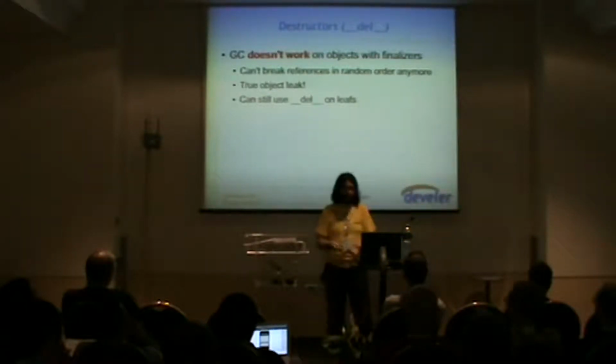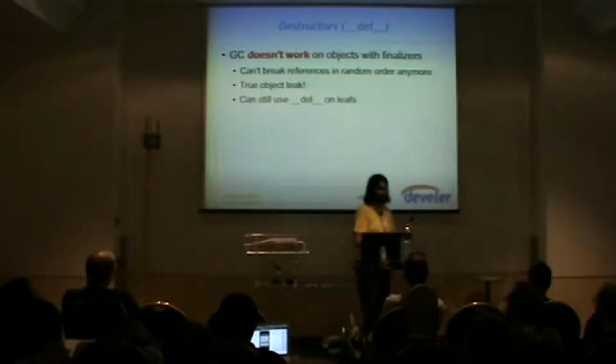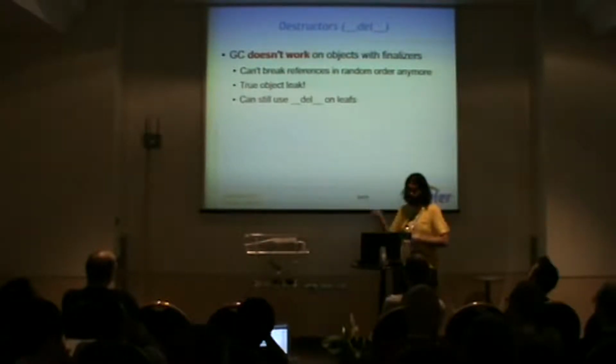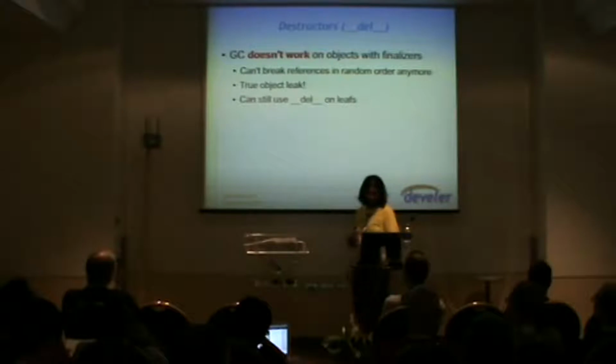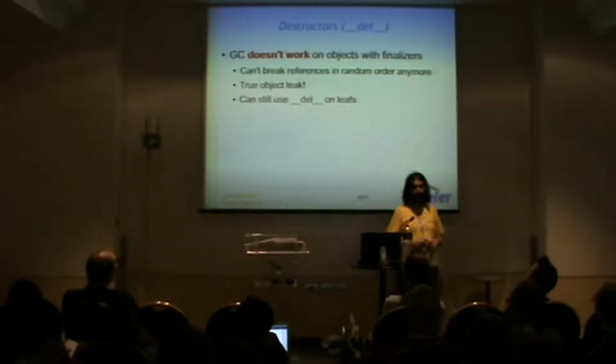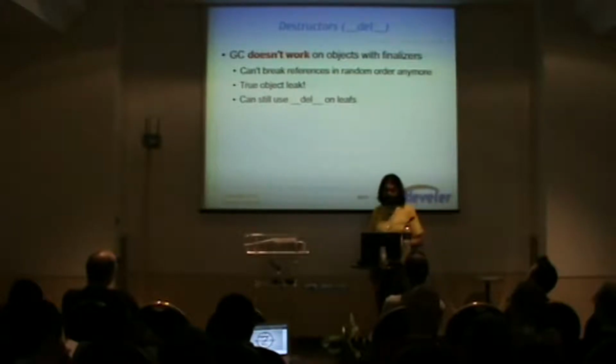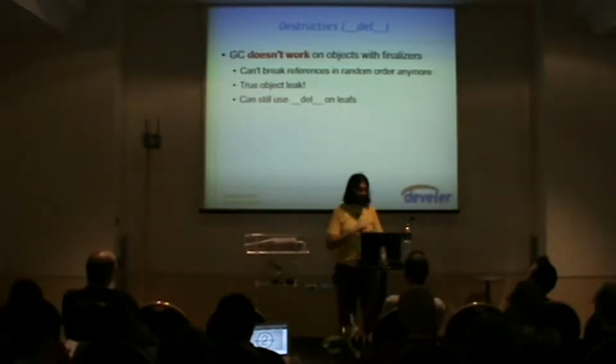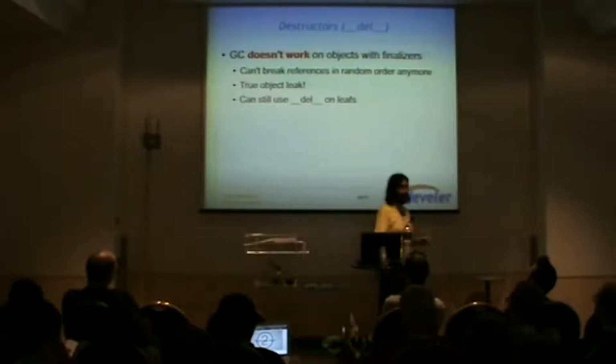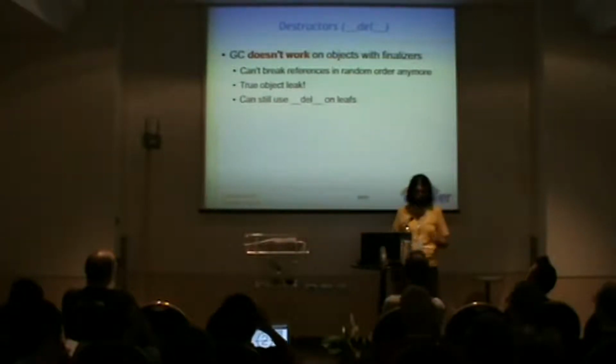So this is something that the GC tries to avoid, and so it just cannot work with objects with the __del__ function, okay? In this case, you really have a leak. Those objects will never be collected and will stay in your process memory forever, okay?